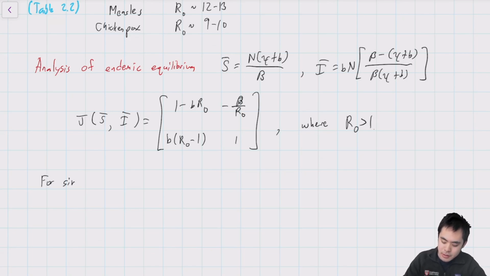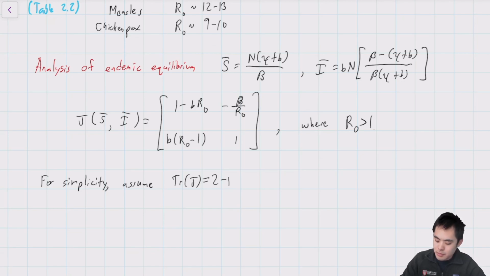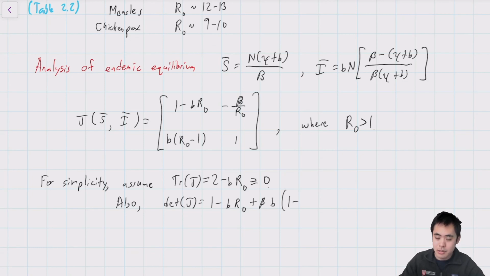So for simplicity, we're going to assume that the trace is positive. The trace of J is equal to 2 minus b R naught, which is greater than or equal to 0, or non-negative at least. And also, we know that the determinant of J is equal to 1 minus b R naught plus beta b times 1 minus 1 over R naught.